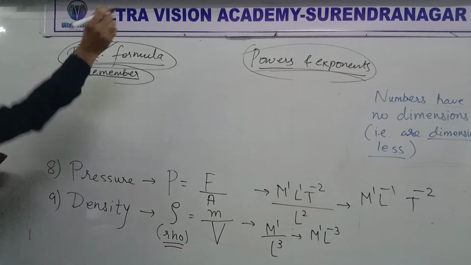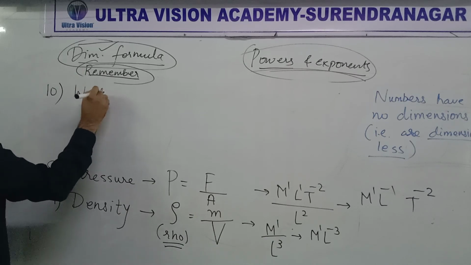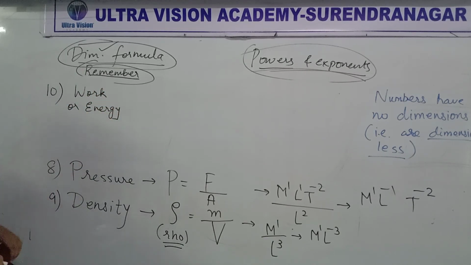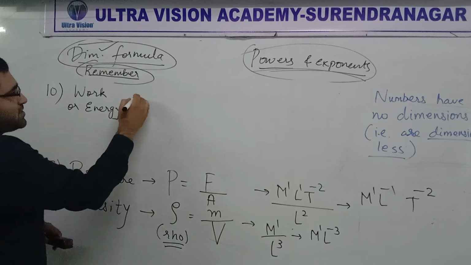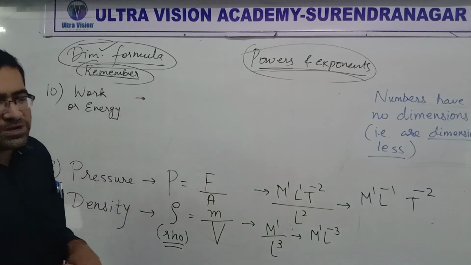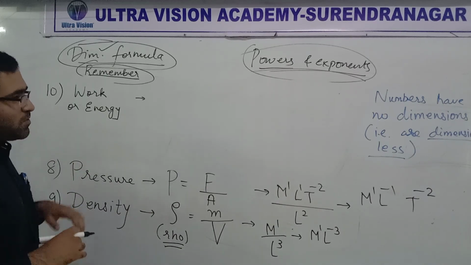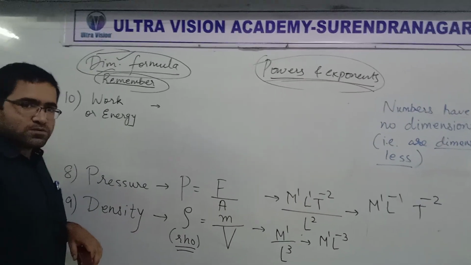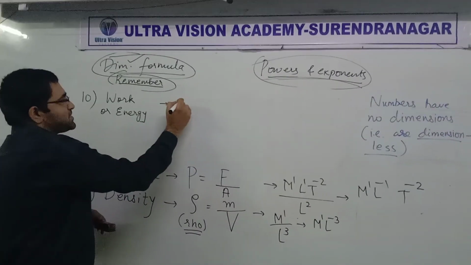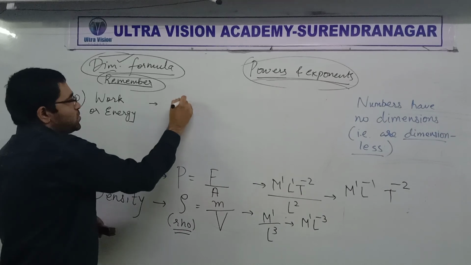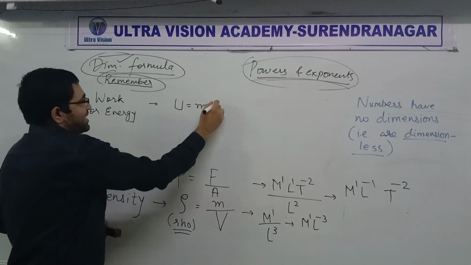Number 10. Work or energy. I don't know which formula you might be remembering for work or for energy. We can use either one. Let's use U is equal to mgh.